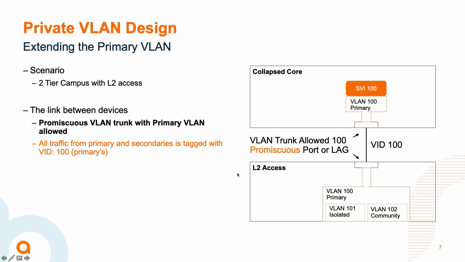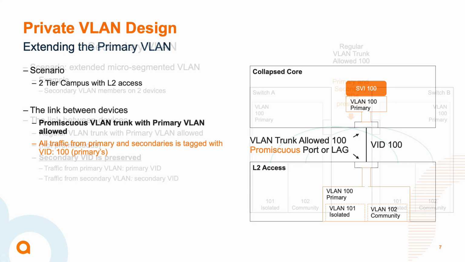But the key again is all traffic from primary and secondary VLANs is tagged with the VLAN ID 100, the primary VLAN's ID, when it is transmitted across a promiscuous VLAN port.